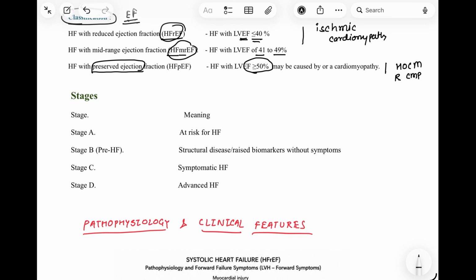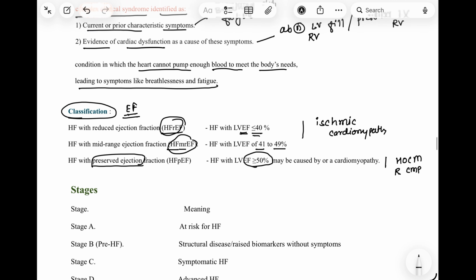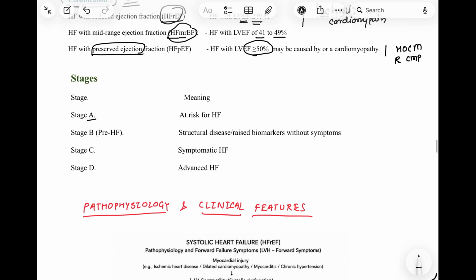Now let's study the stages. So there are 4 stages of heart failure, divided into A, B, C and D. For stage 1, that is stage A, the patient is at risk of heart failure, but there is no symptom as such. Keep in mind, there is no structural heart disease, right?